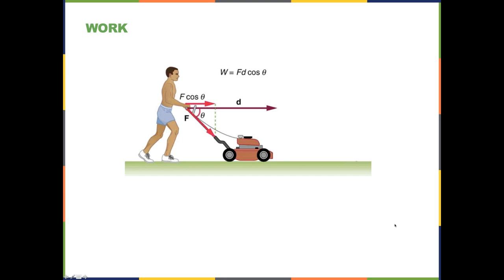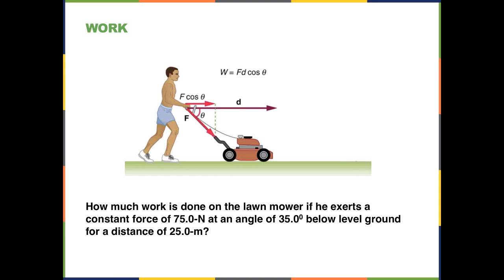So let's do a calculation with this fella. This was the first one we looked at on the previous slide, and let's put some numbers on here. How much work is being done on this lawnmower if he exerts a constant force of 75 newtons at an angle of 35 degrees for a distance of 25 meters? Here's the calculation. You have F cosine theta times d.